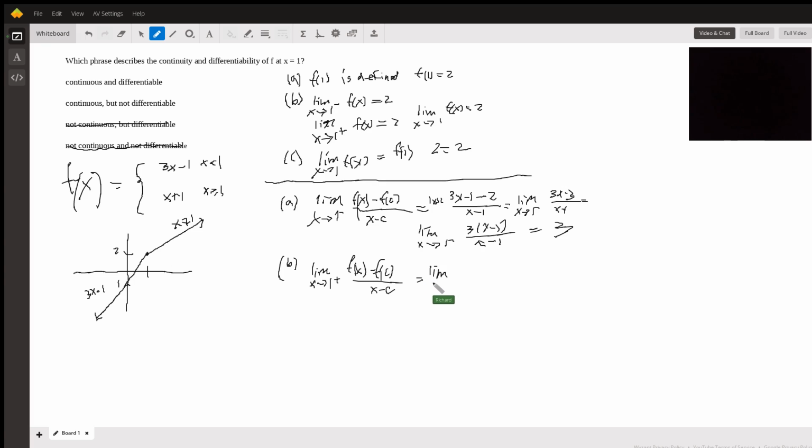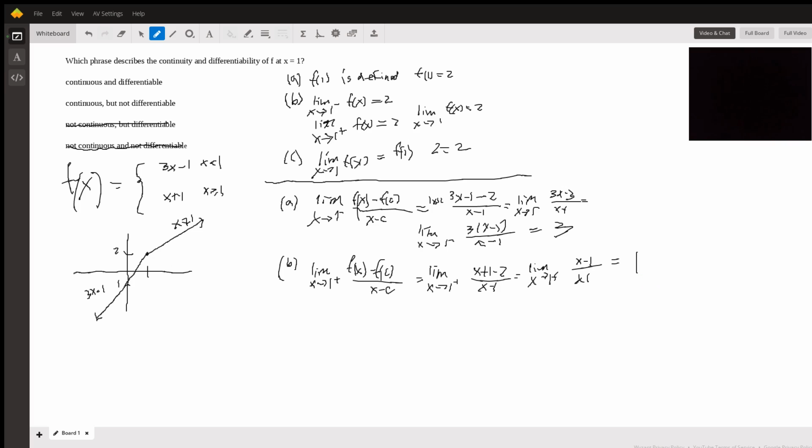So it's the limit as x approaches 1 from the right, and approaching from the right it's going to be x plus 1 minus 2, because f of 1 is 2, over x minus 1 down here. So this is the limit as x approaches 1 from the right of x minus 1 over x minus 1. So this is going to be 1.